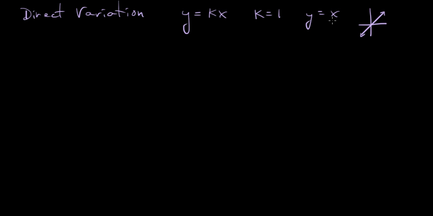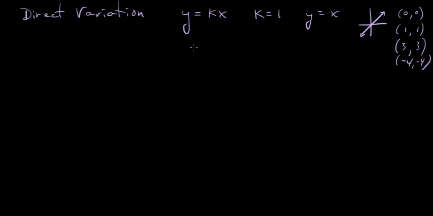Your ordered pairs would be 0, 0; 1, 1; 3, 3; -4, -4, etc. The x and y are always going to be exactly the same. Well, that was direct variation.